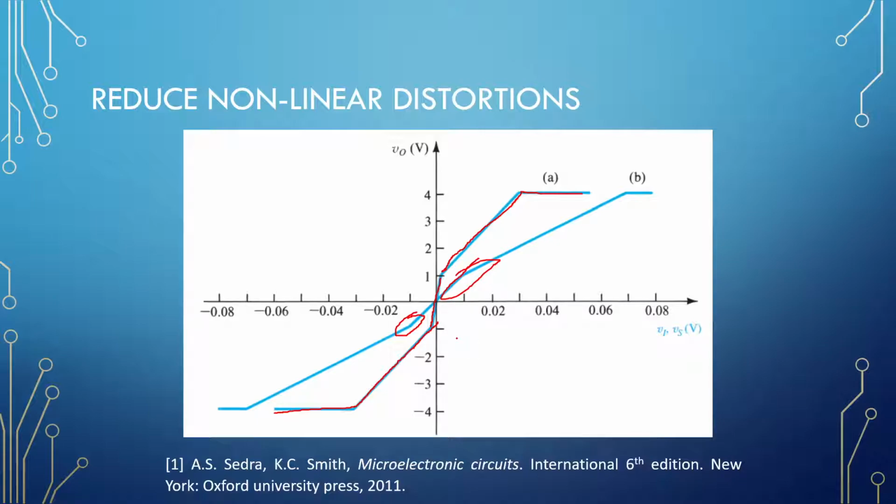So by applying the feedback, these lines have been stretched a bit so that they almost conform to one another. If you have an infinite amount of gain, these two will be straightened out almost completely. But yeah, so that is the reduction in nonlinear distortions.